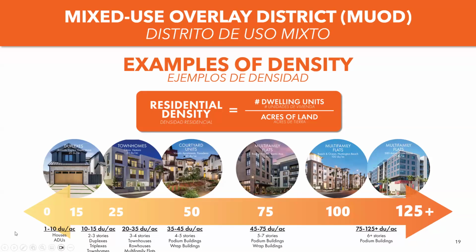This usually correlates to a building type, so it's sort of the scale that you see here on the screen. On the lower end of the spectrum are buildings like just houses or townhomes. And on the higher end of the spectrum, you'll see more multifamily buildings, so stacked flats or stacked dwelling units. But we want you to note that density can be tricky. A higher number doesn't necessarily mean it's a bigger and taller building. There are so many factors that go into play, like the size of the unit or the design of the building, which can really affect how density is perceived.